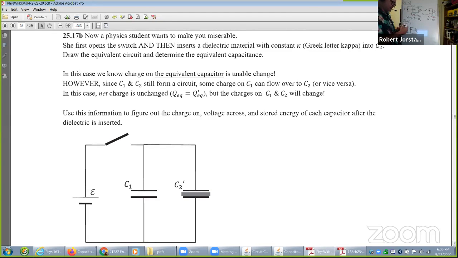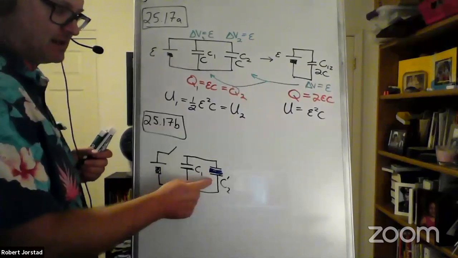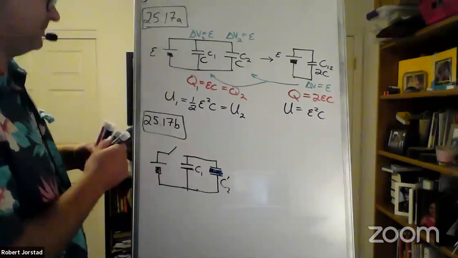So in this case, this is now C2 prime, and that's the way I'm going to denote that. Let me get this back on the screen. Now I put this in here. I've got C2 prime, which means the after.